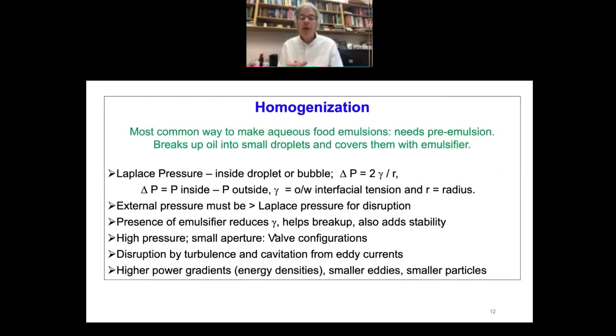Now, emulsion formation generally takes place through homogenization. It's the most common food technique for creating emulsions. And the principle is that we break up the oil phase into smaller and smaller and smaller droplets, and we have enough surfactant in there to be able to cover all of the surface area that we've created.